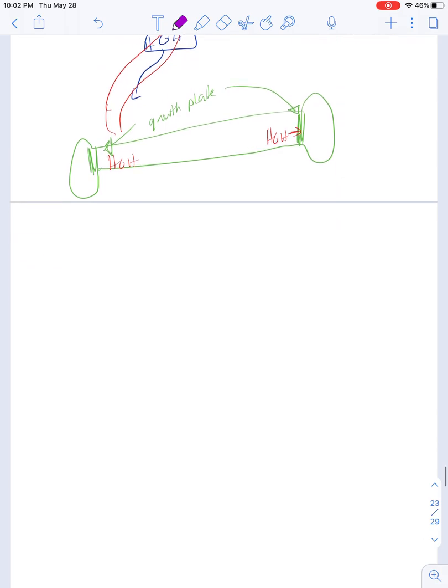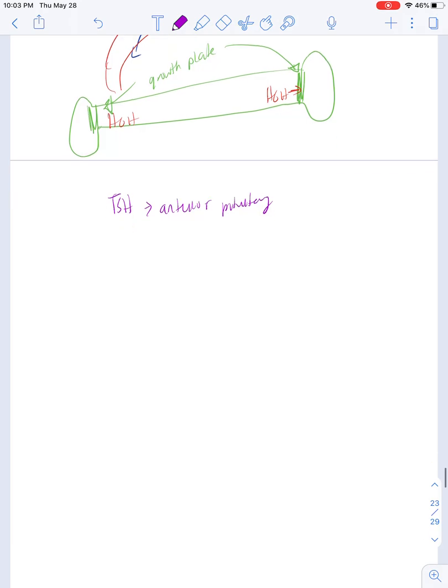Now, another hormone that you guys got to know is TSH. So this again is an anterior pituitary hormone. Okay, so when you look at it, you gotta first have the neuron. So here is the TSH, RH.